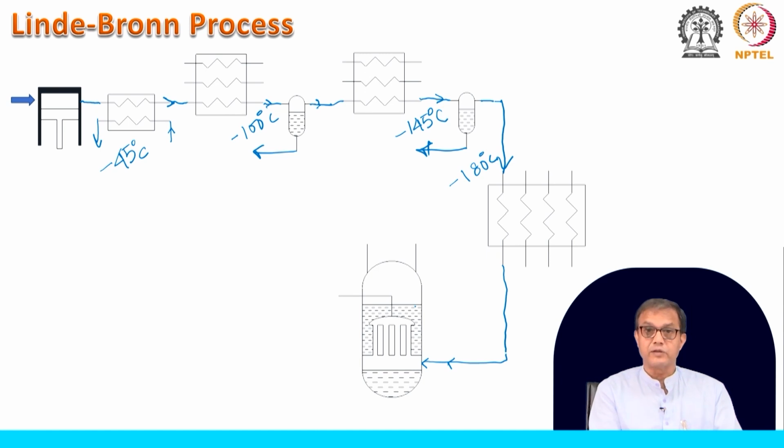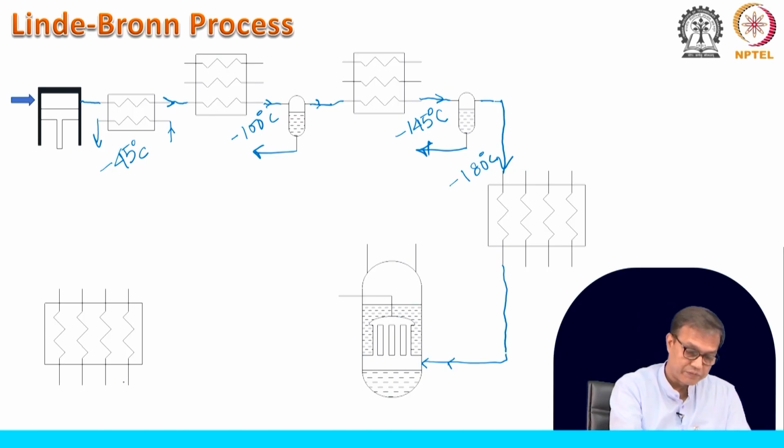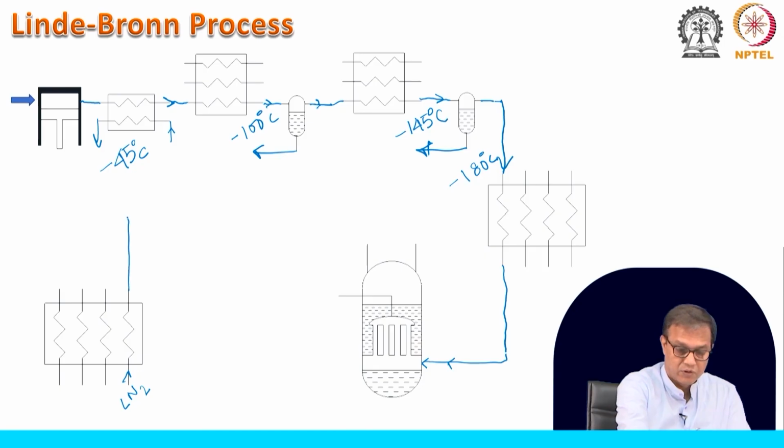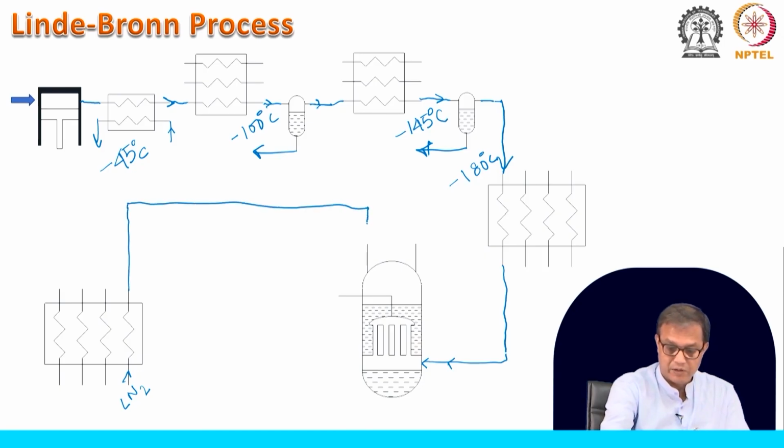So, let us have a look into the refrigerant that we can provide. One such refrigerant would be liquid nitrogen. If we have LN2 here, this liquid nitrogen will come through an expander.